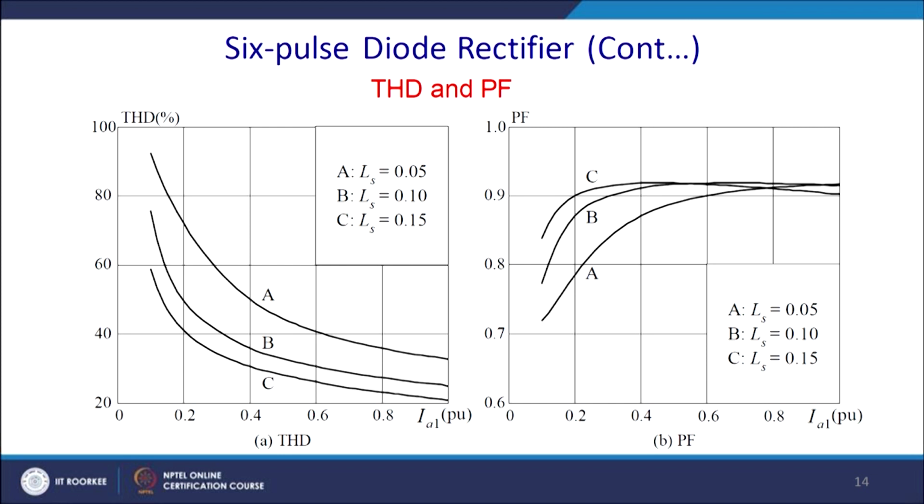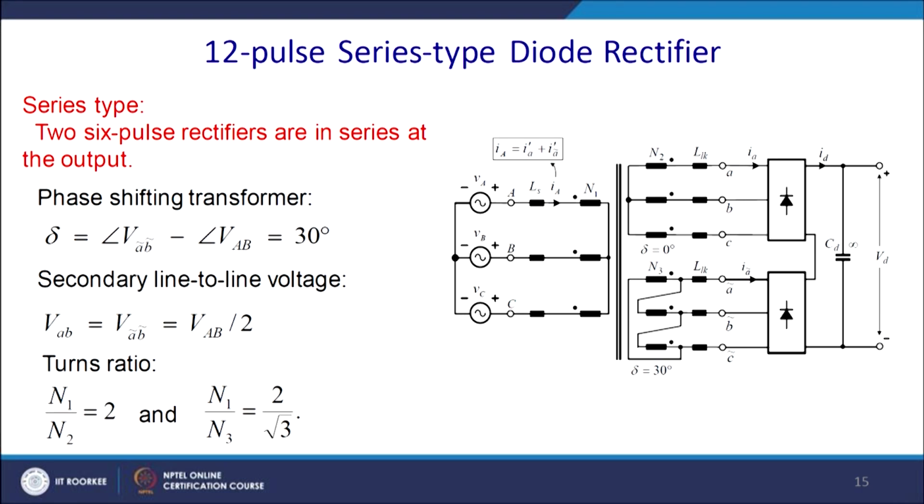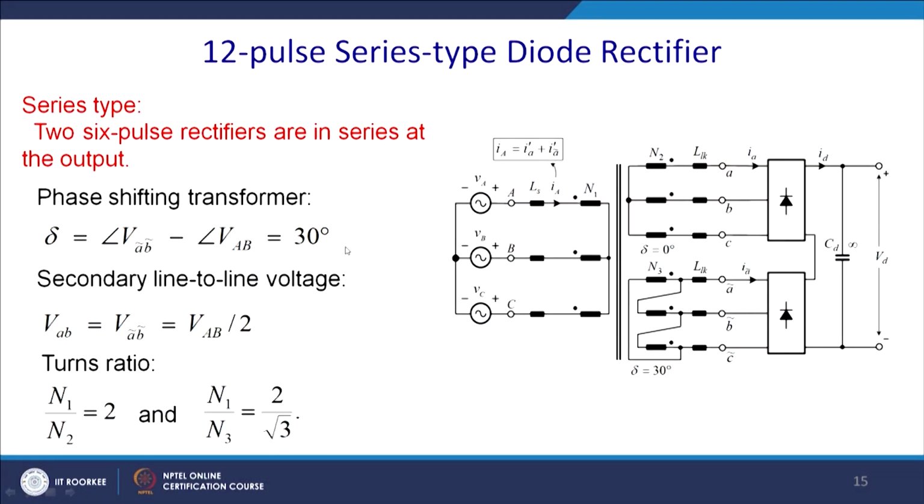on the power factor. Now, let us analyze the 12 pulse converter, but to have the 12 pulse converter, we require some configurational changes, and we require a transformer in the system, and you should have a different kind of transformer.